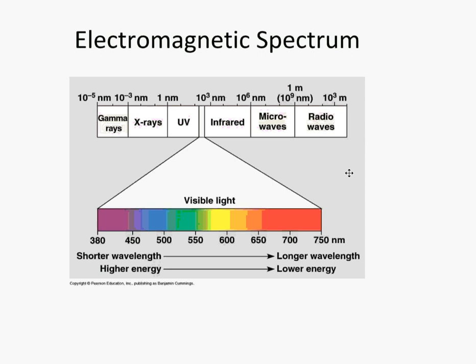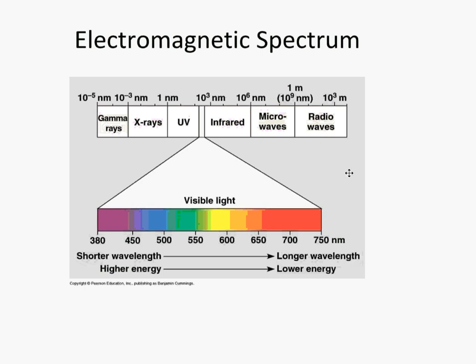And light is measured according to wavelengths, and you can see here this spectrum. We have all the way from purple to red, and then you have some things on the spectrum that are not visible, where gamma rays and X-rays are on the short end of the spectrum, short wavelengths, and then radio and microwaves on the long end of the spectrum, the longer wavelengths.